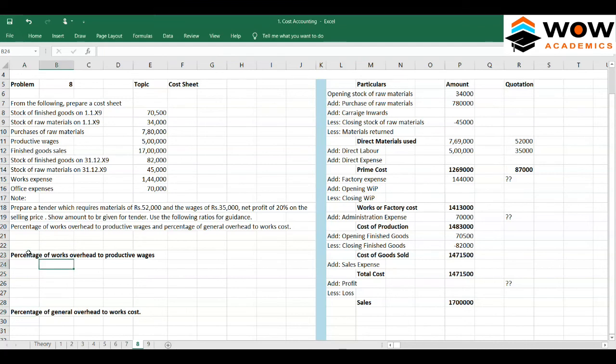See, so what's the existing percentage? See, the existing percentage works like this. Works overhead is how much? Works overhead is 1,44,000 divided by productive wages. Productive wages is 5 lakhs into 100. So if you put, the answer comes to 28.8%.